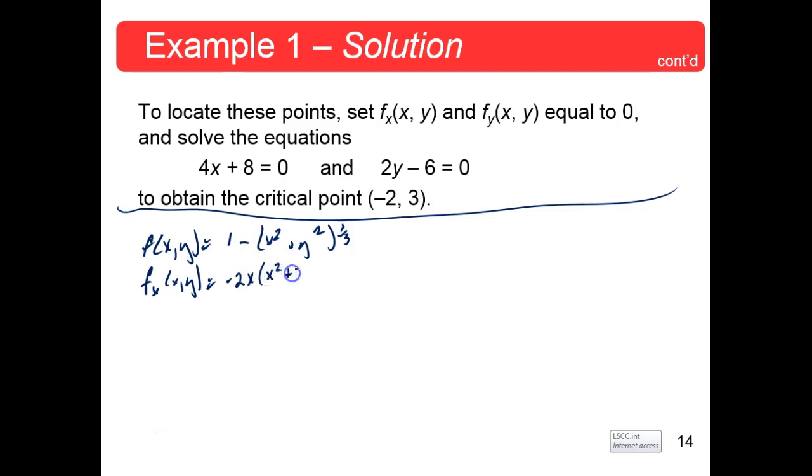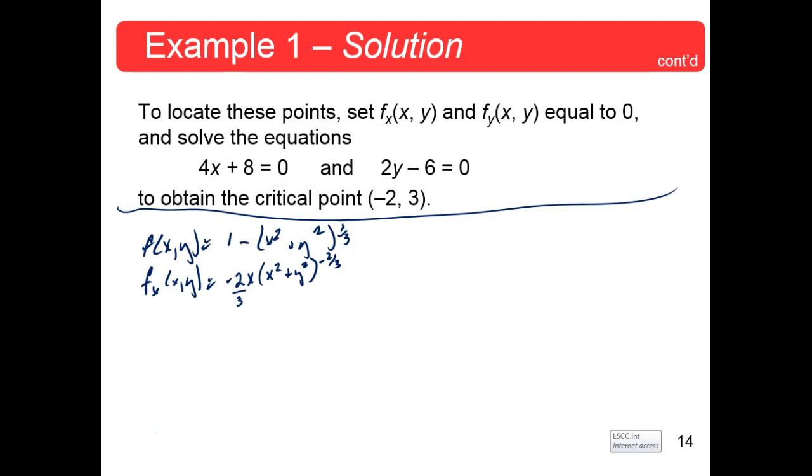X squared plus y squared to the, okay, you're going to have a 1/3 this to the minus 2/3 power. Okay, now I don't know how you like to do the chain rule. How I usually like to do it is minus 1/3 times this thing to the minus 2/3. Then multiply it by the 2x here, and that gives it to you.